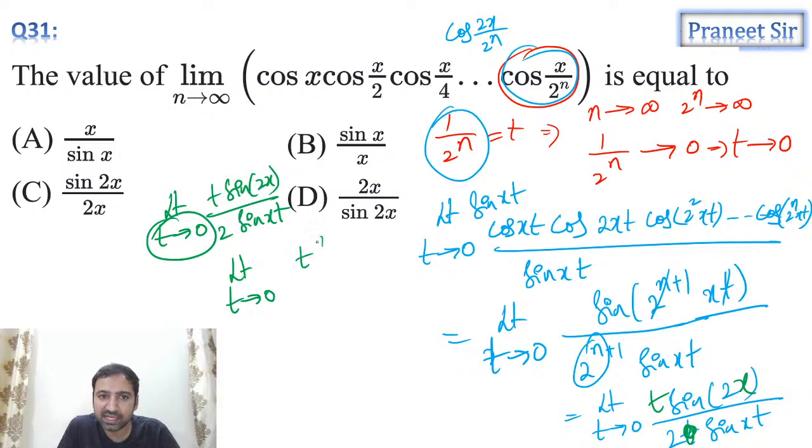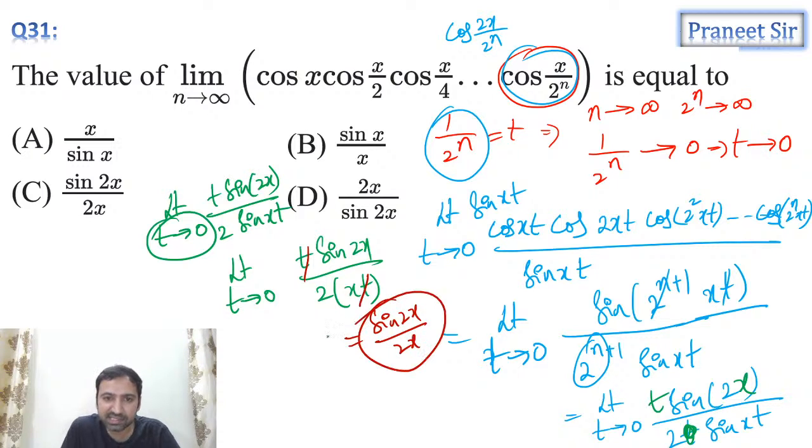So t into sin 2x by 2 into xt. Now t and t get cancelled. Finally, what I am getting, guys? Sin 2x by 2x. So this is the answer. Which one is it? The third option.